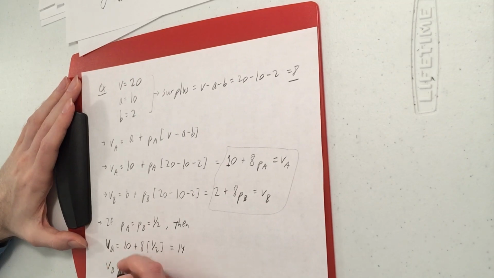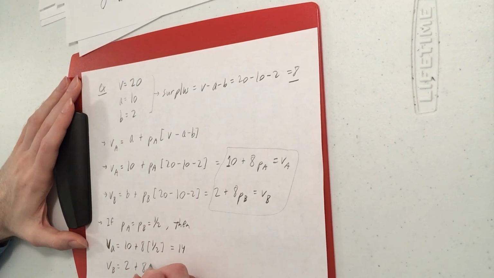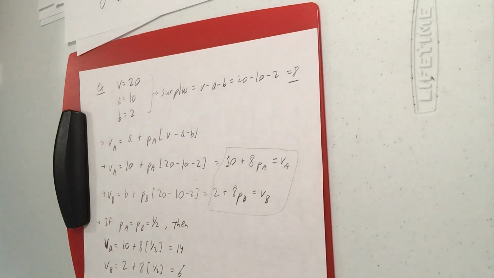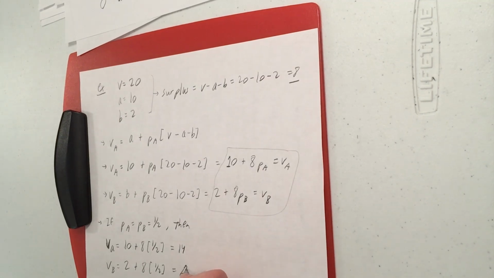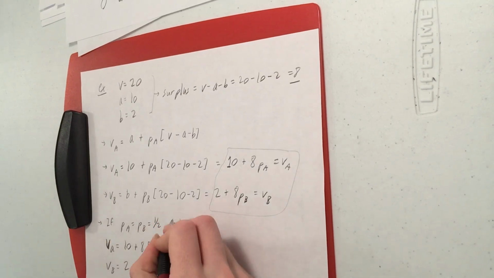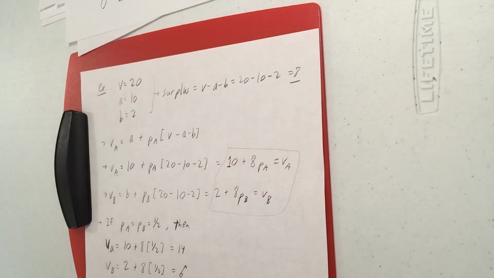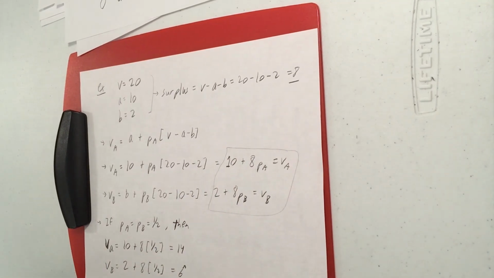And person B would get 6. So that's how Nash bargaining works.